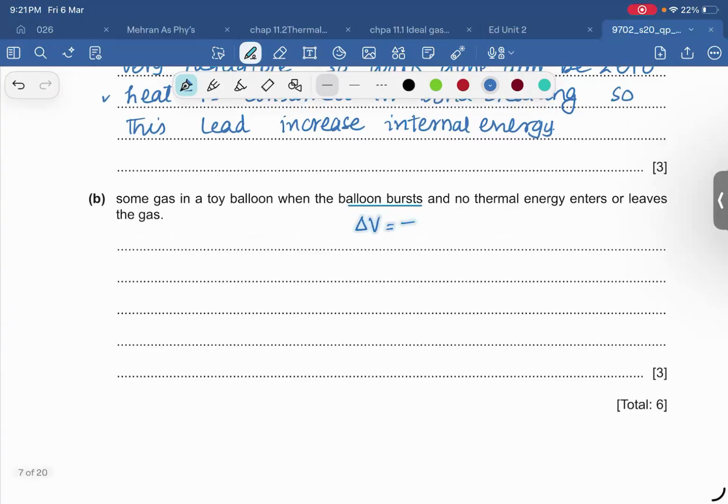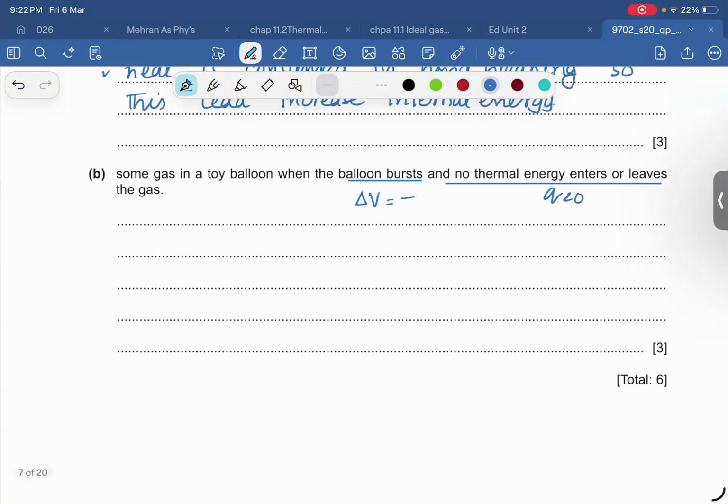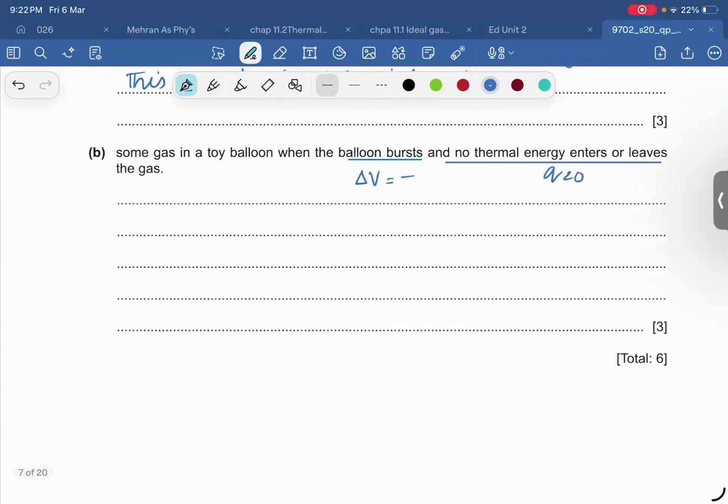Okay, and they're saying no thermal energy enters or leaves the gas, so this means Q is going to be 0. So we can say that no heat is supplied or removed.